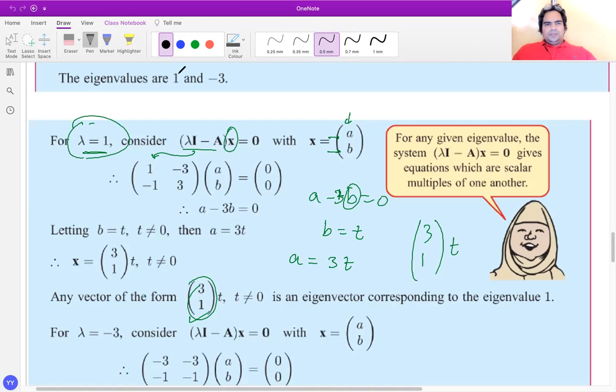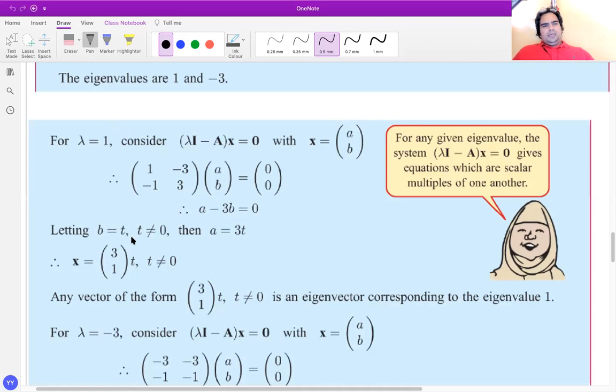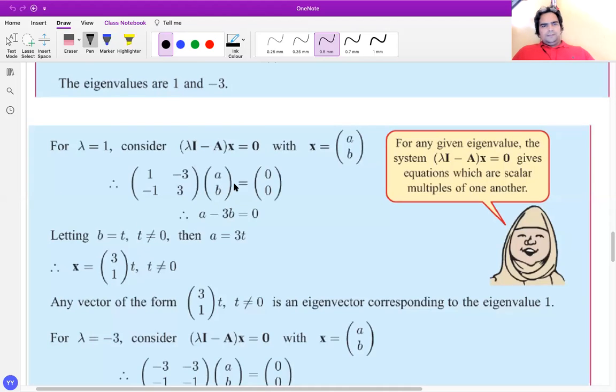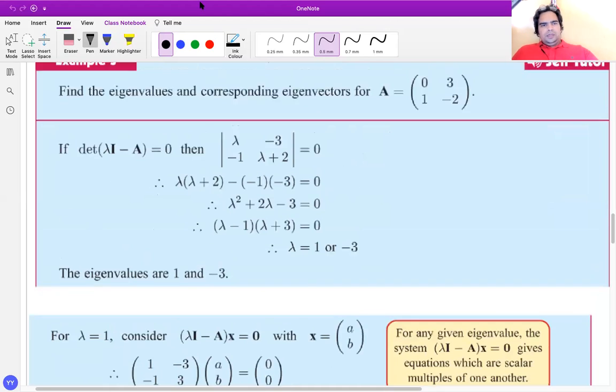Now when I take lambda equals minus 3 and plug it in, what we get is -3, -3, and -1, and -3 plus 2 is 1. So this is my coefficient matrix.